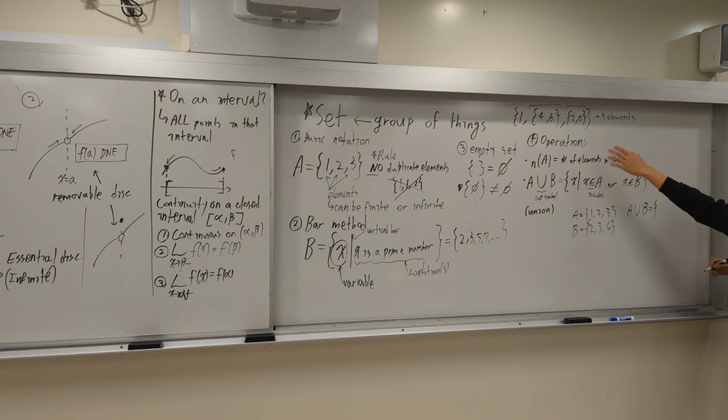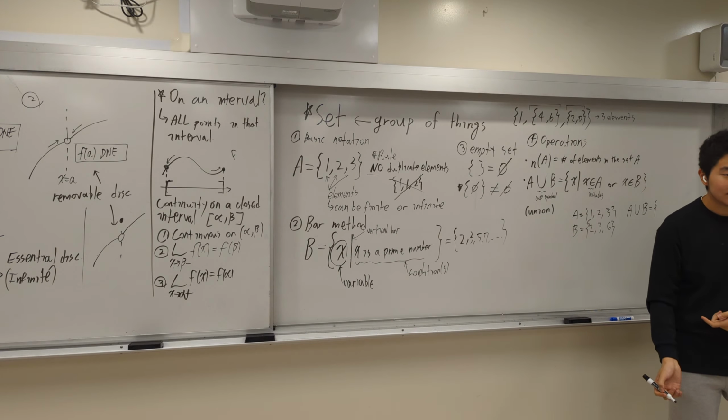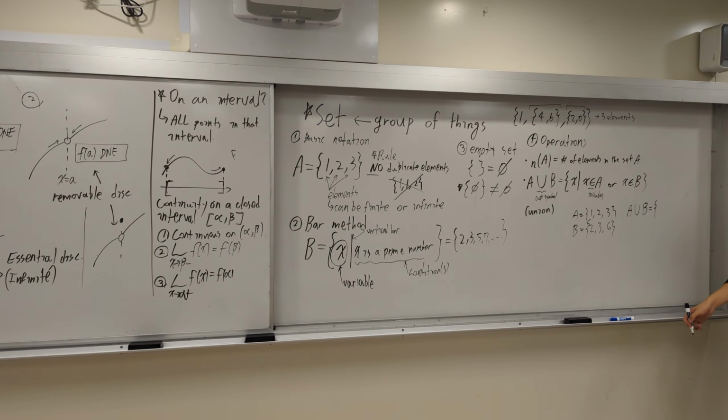So we have to include everything that's included in A or anything that's included in B. And remember, sets cannot have duplicate elements, which means that 1, 2, 3, and 6 would be the union of A and B. Does that make sense? The set can't have the same number twice. So everything in A and everything in B, but no duplicates, basically, right?